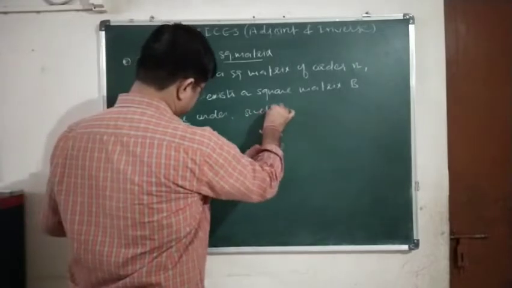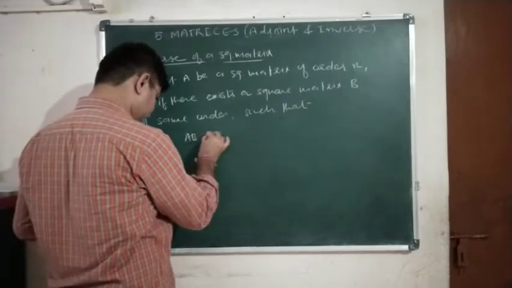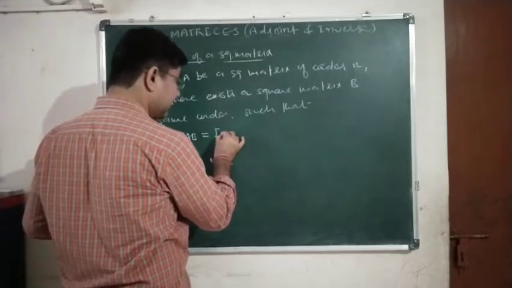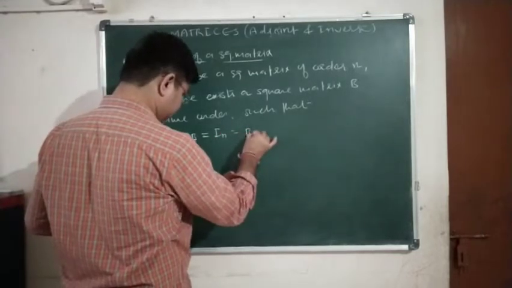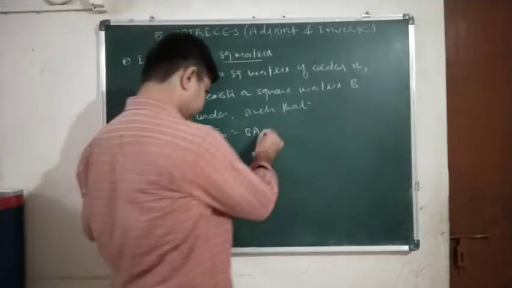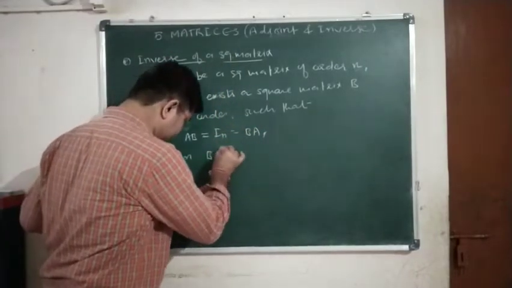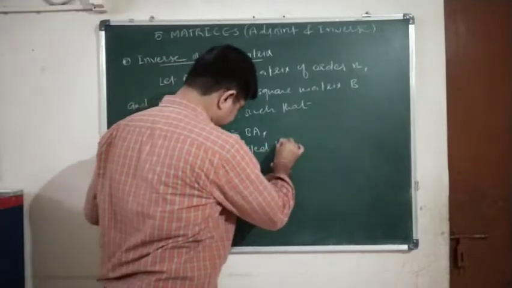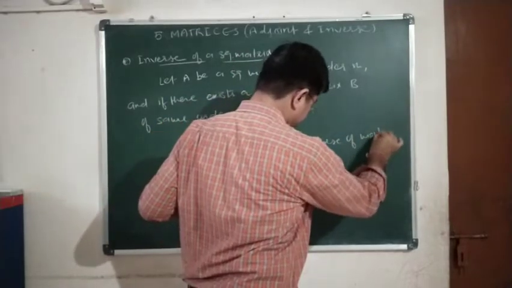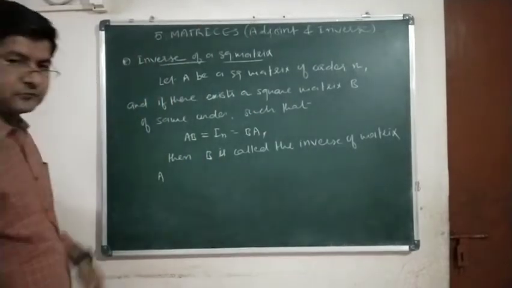such that AB is equal to BA is equal to In, then matrix B is called the inverse of matrix A. Yes or no?